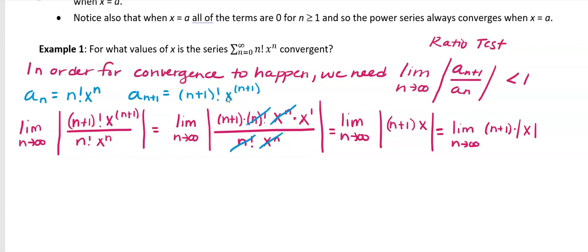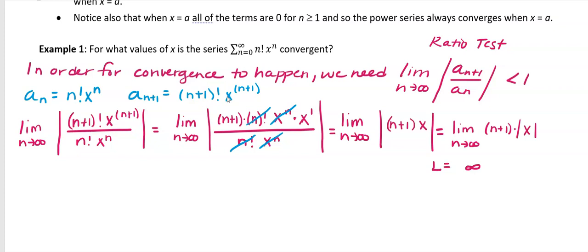Now that we've done that, we can actually take the limits separately using our limit idea. So the limit as n approaches infinity of n plus 1, that would approach infinity, right? Because infinity plus 1 would just be infinity.